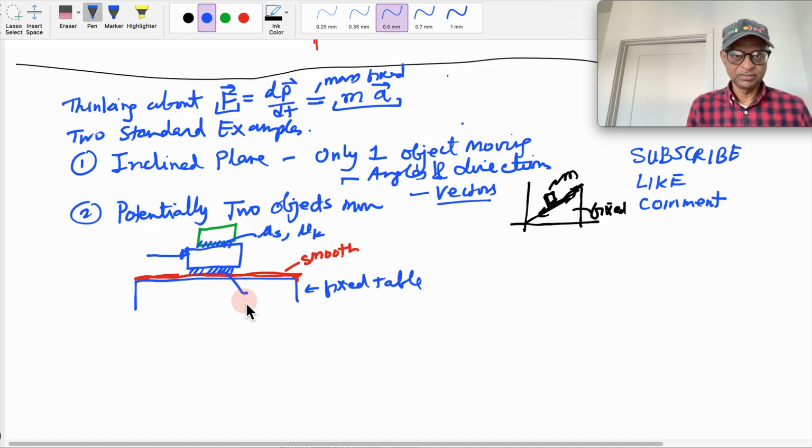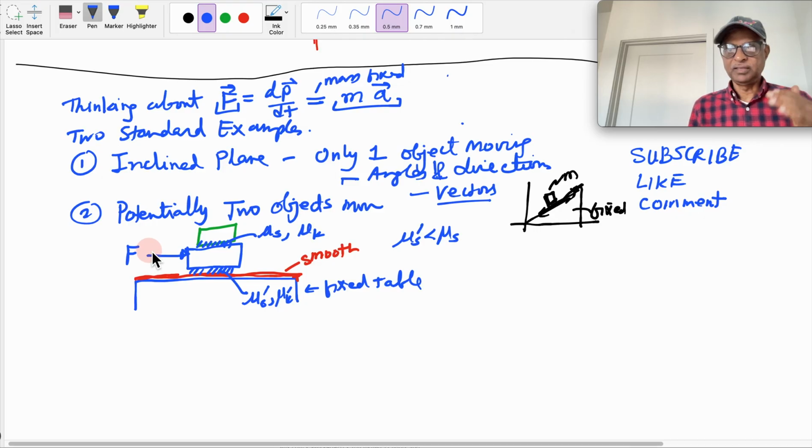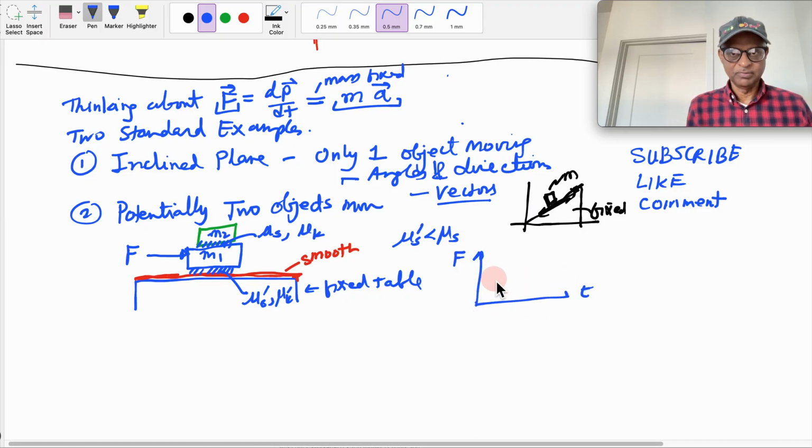For this surface, say mu s prime, mu k prime, and we'll say mu s prime is less than mu s. And this force, I keep increasing in time. Say this is mass m1, this is m2.